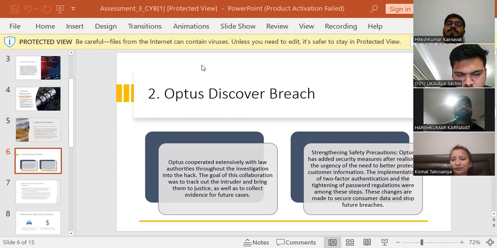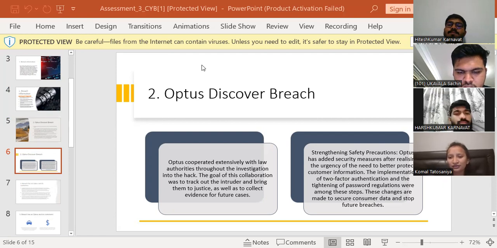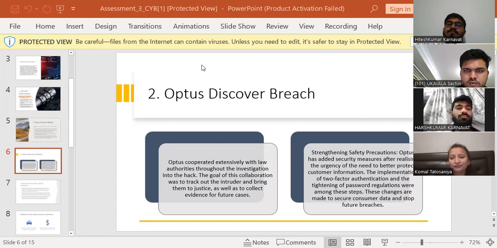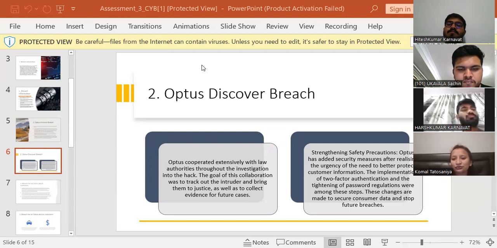Strengthening security, Optus has added security measures after realizing the urgency of the need to better protect customer information. The implementation of two-factor authentication and the tightening of password regulation were among these steps. These changes are made to secure consumer data and stop future breaches.